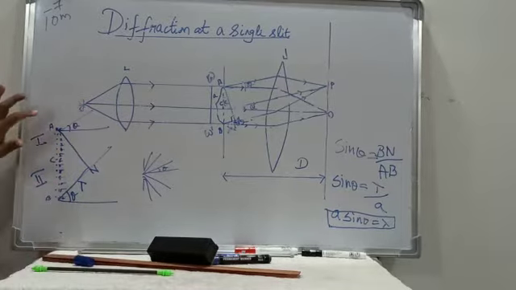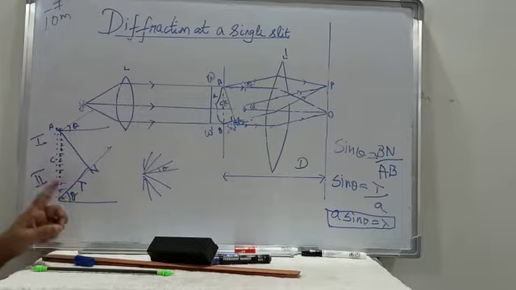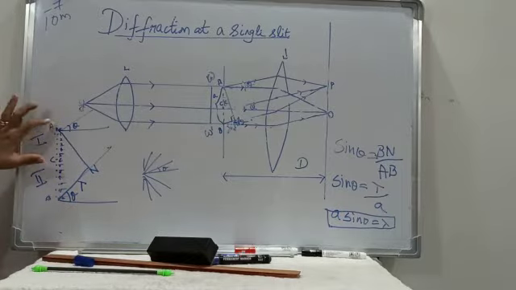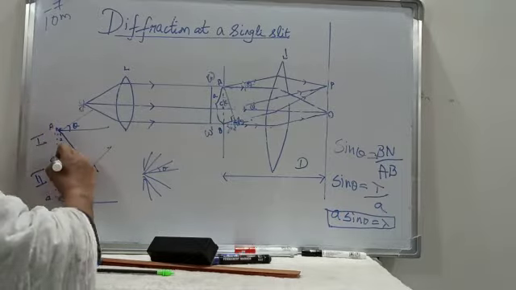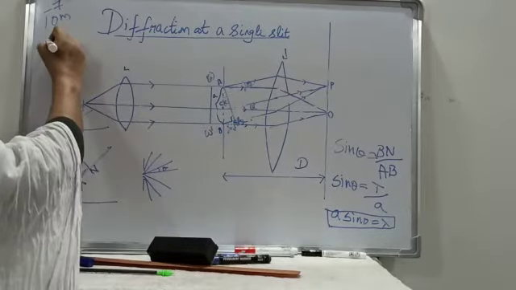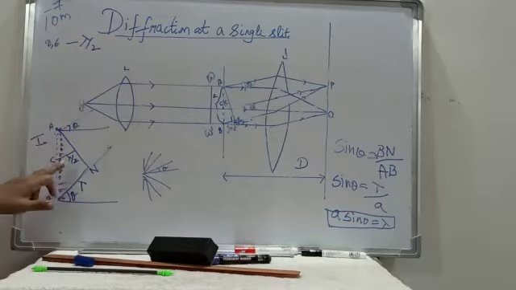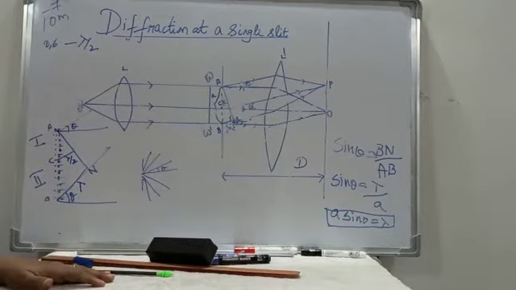Now we know that the path difference between a wavelet coming from 0 and 12 is lambda. What will be the path difference between a wavelet coming from 0 and 6 in that case? It has to be lambda by 2. So when 0 and 6 interfere, you get a path difference of lambda by 2.